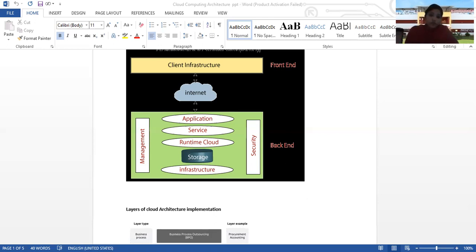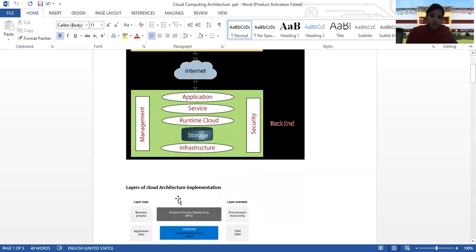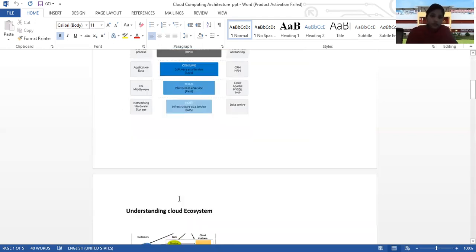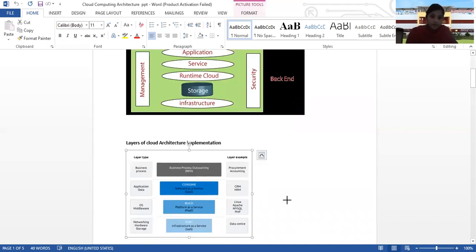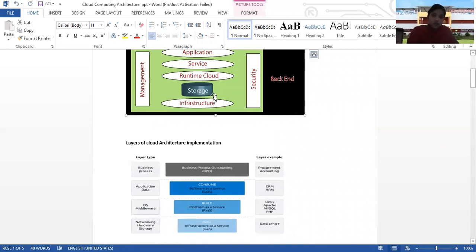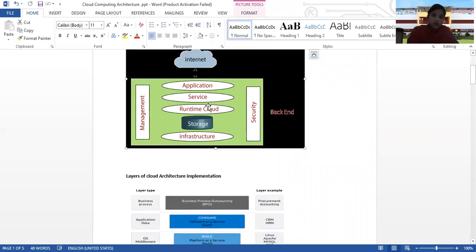We have already studied them: SaaS, PaaS and IaaS. In services, the application is used by the client interface. So let's discuss.